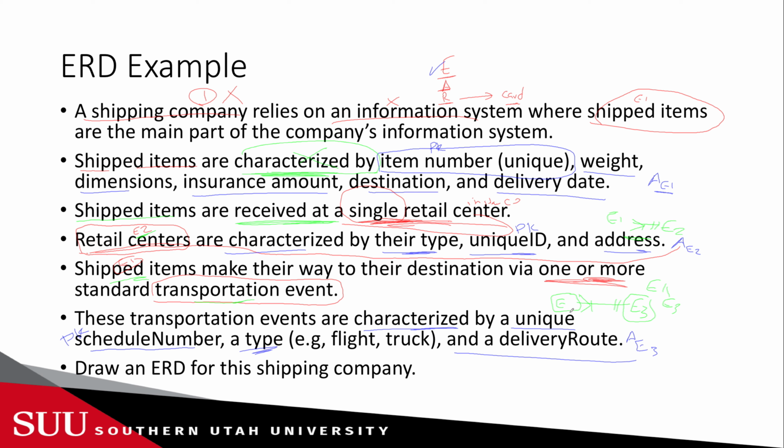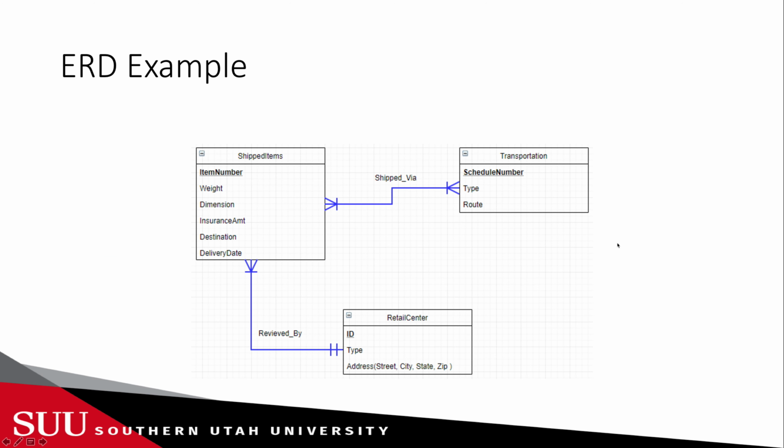Now, there is one thing that I need to take into account, which is when I look at something like address, I know this example doesn't specify it, so I can go ahead and make it just an atomic attribute. But if I want to be more thorough, then what I need to do is to make this a composite attribute. So let's look at how the ERD is going to look.